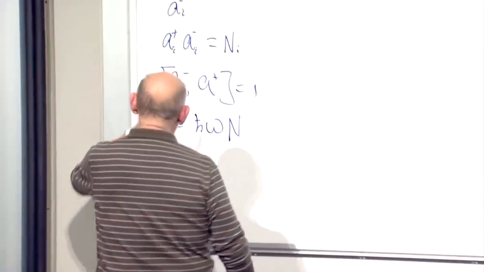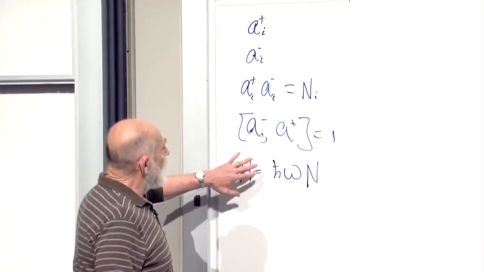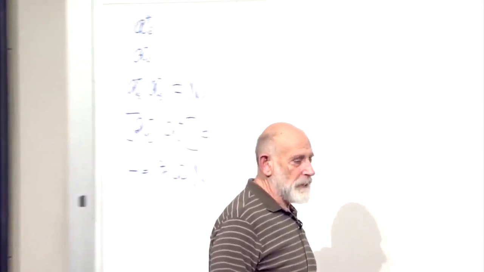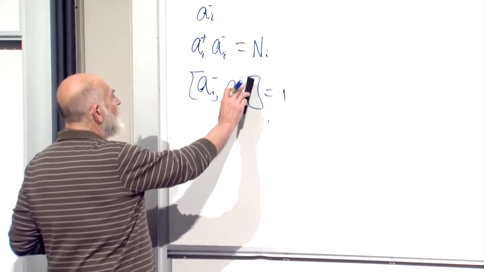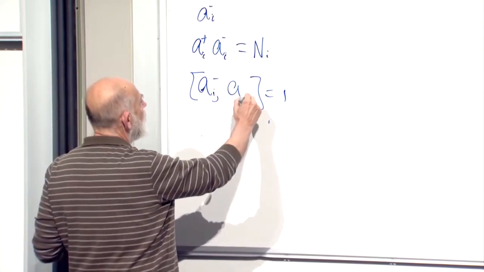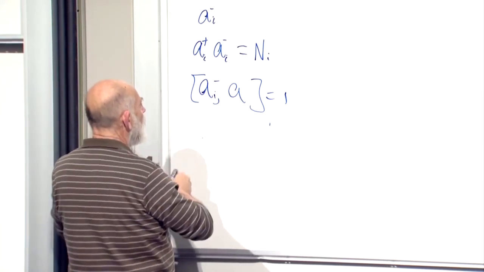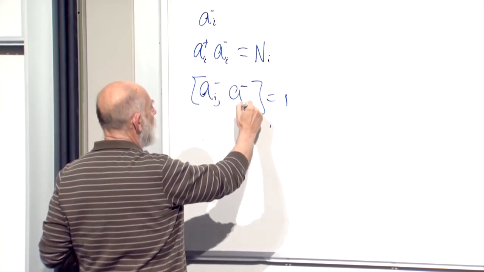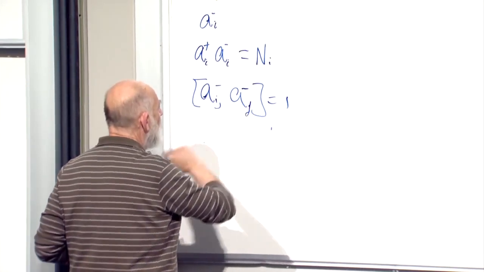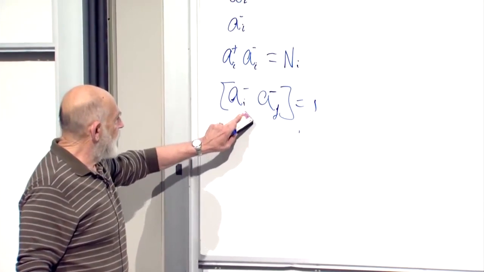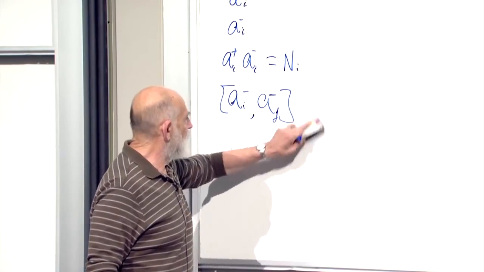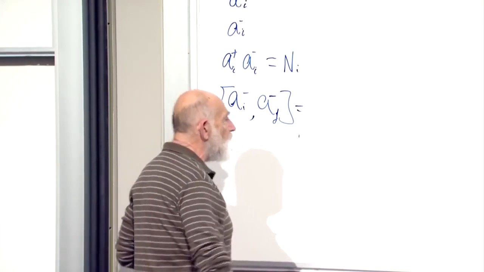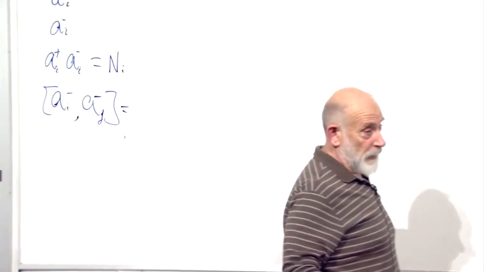And so we can write the following. Let's write out all the commutation relations because they're important. Let's first take the commutation relations of the lowering operators, i with j. The first oscillator with the 14th oscillator. Well, first of all, if i is not equal to j, they're talking about different oscillators.